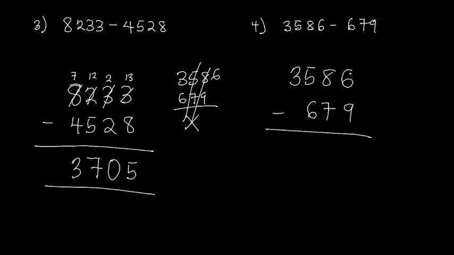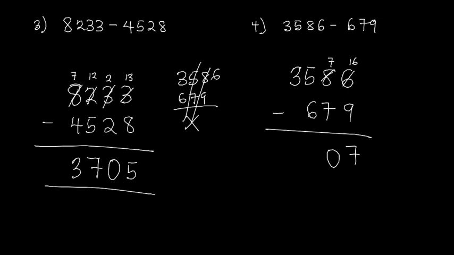So I have 6 here minus 9. It is not possible. So I borrow 1 from here. I'm left with 7 as usual. That one that I borrowed is 10 plus 6 is now 16. So 16 minus 9 will give me 7. So I have 7 left over here. So coming to the tens column, I have 7 minus 7, that will give me a 0. Now I have 5 minus 6.